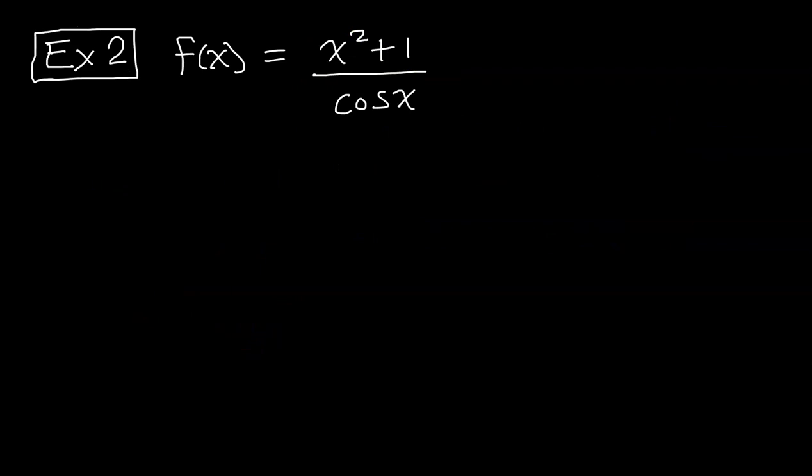Example 2, look at the function f of x equals x squared plus 1 over cosine x. Again, we can look at this as two separate functions, this time being divided. So we have one function, x squared plus 1, being divided by another function, cosine of x. x squared plus 1 is a polynomial, and polynomials are everywhere continuous.